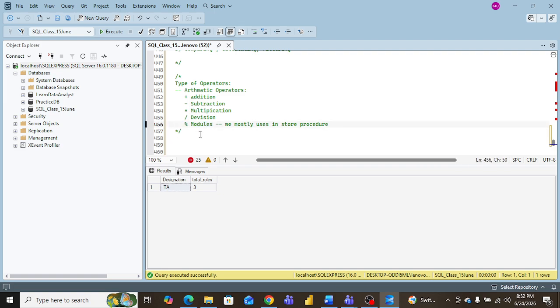I don't want to do that. Now, another one. These are the types of operators, the arithmetic operators. The other topic we have is comparison operators. You know comparison operators? Yes, comparison operators.